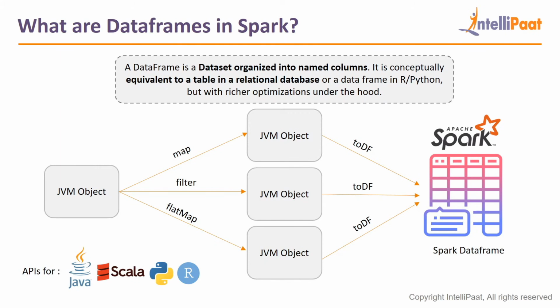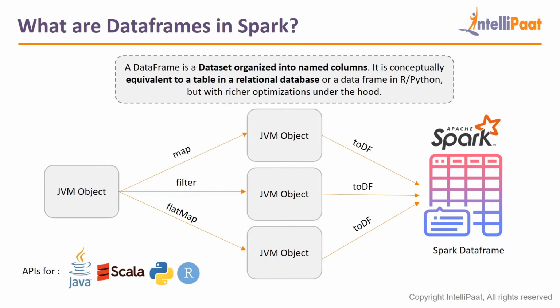So as we can see in the diagram, the dataset object, the JVM object, was transformed using the map, filter, or flat map function, whatever it was, into further JVM objects. And then by using the simple toDF function, which means the to data frame function, we converted them into a Spark data frame. So this Spark data frame has named columns and is essentially a very well structured format of data.